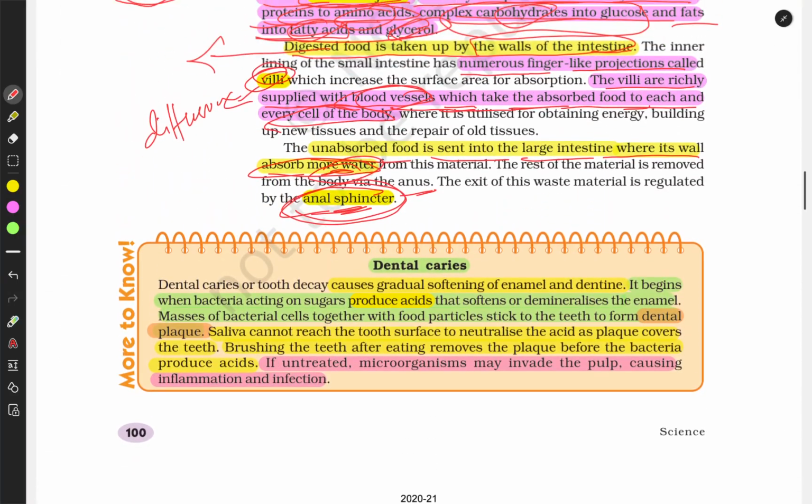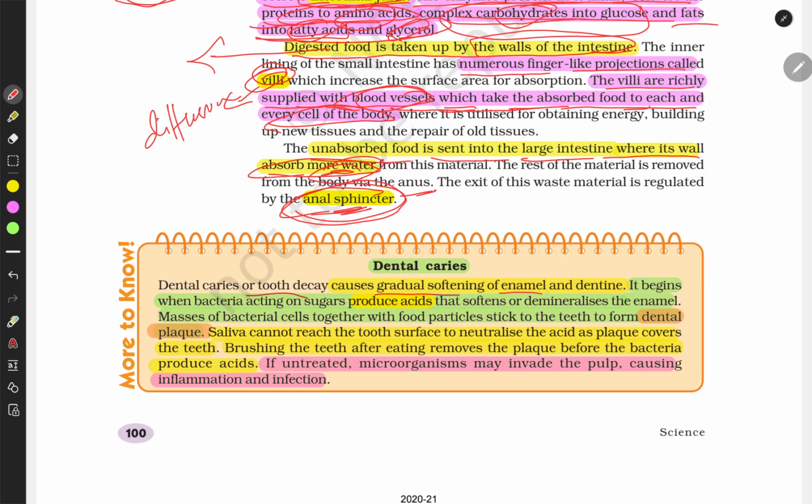About dental caries. A dental caries or tooth decay causes a gradual softening of the enamel or dentine. It begins when the bacteria acting on the sugar produce acid that softens or demineralizes the enamel, and masses of bacterial cells together with the food particles stick to the teeth to form the dental plaque, and saliva cannot reach the tooth surface to neutralize the acid as the plaque covers the teeth.